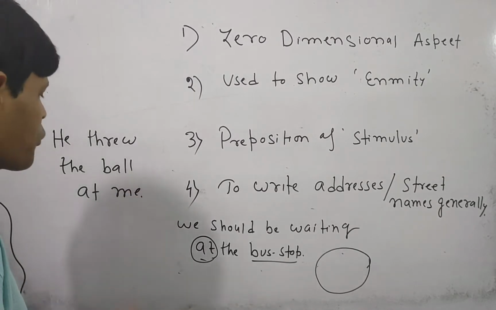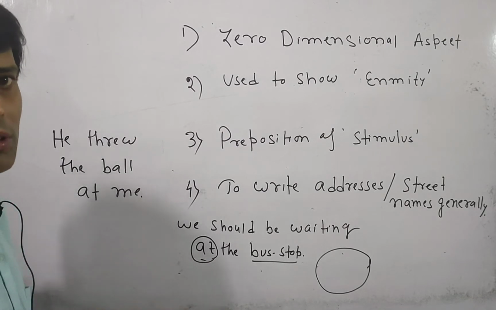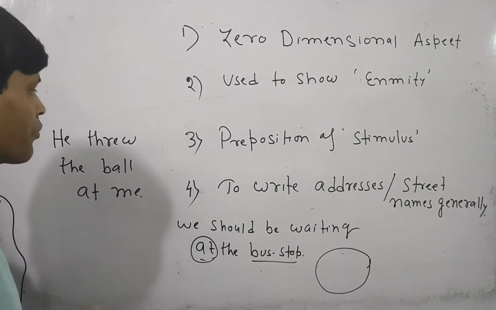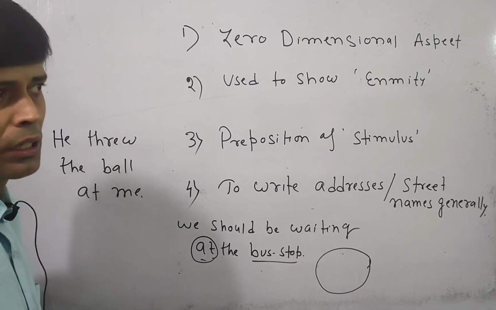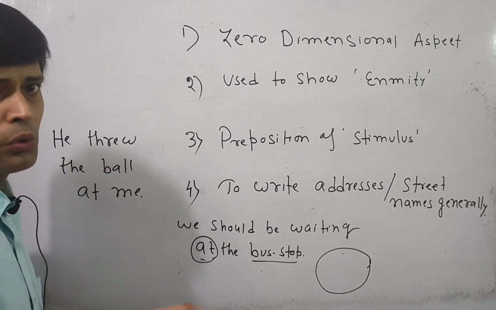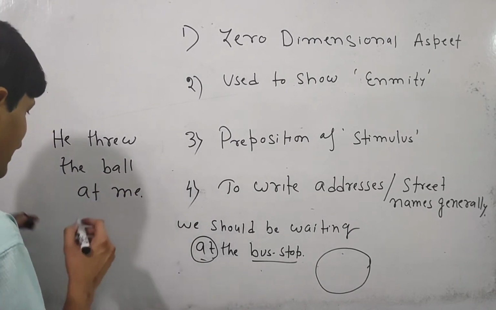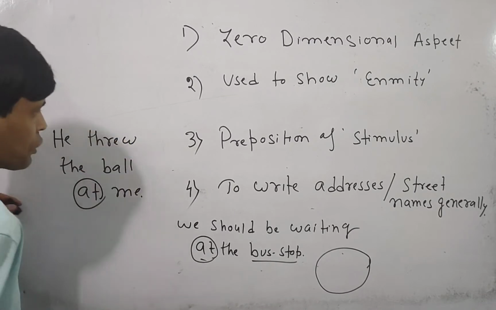Here, suppose I am going to throw the ball at someone. It is not that I am going to throw the ball in a friendly manner. Intentionally, I am going to throw the ball hard to injure someone. So here "at" is functioning as the preposition of enmity.